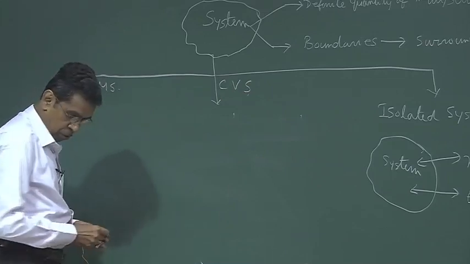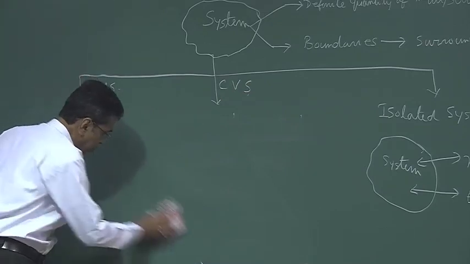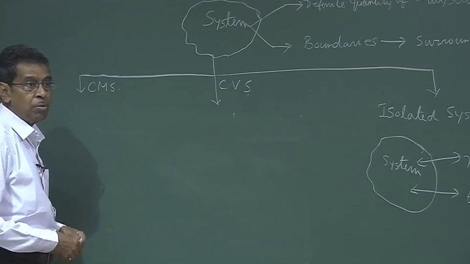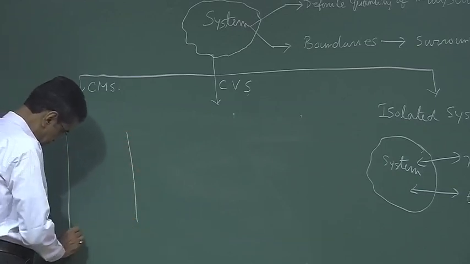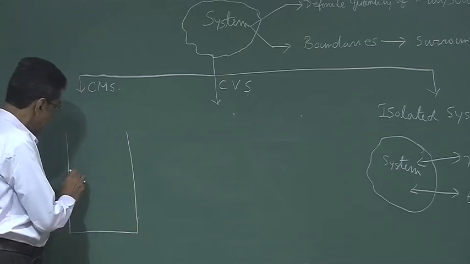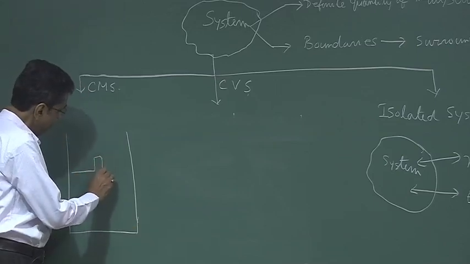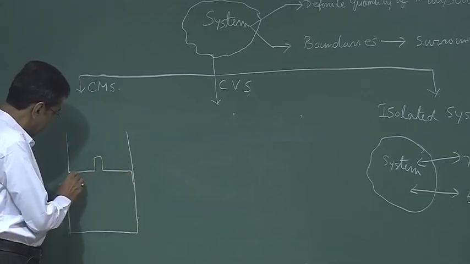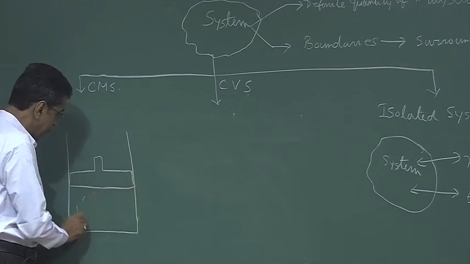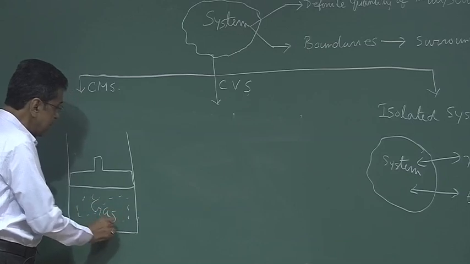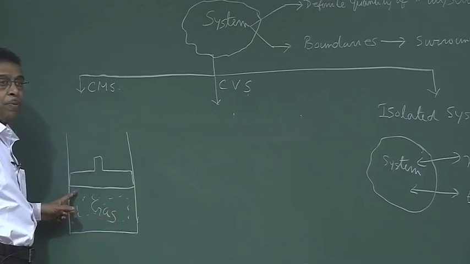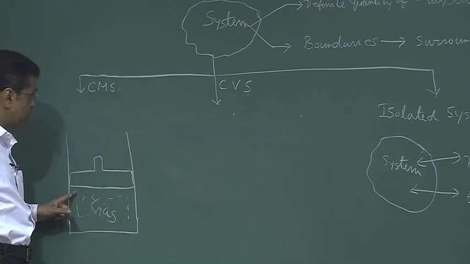The example of the control mass system, the most popular example which we come across in practice, is a gas in a piston cylinder. Let us have a piston like this, a definite quantity of gas in a piston. This is a closed system or control mass system.